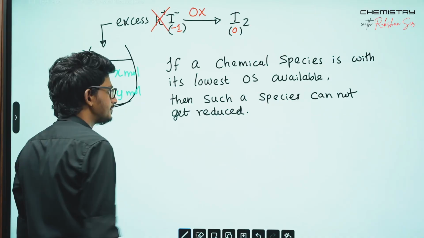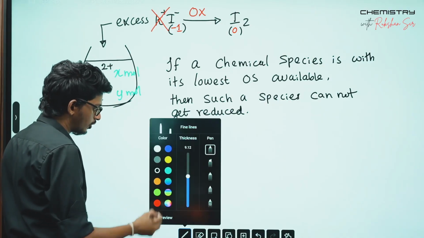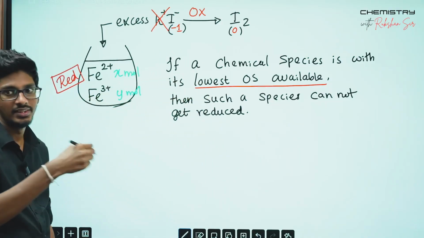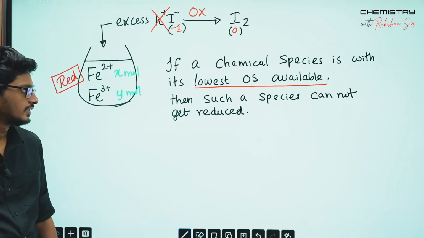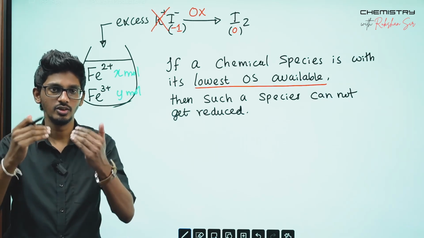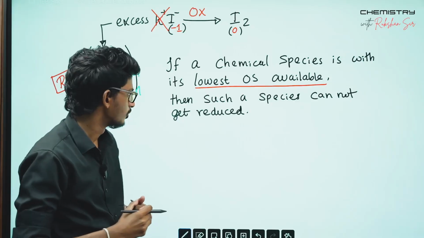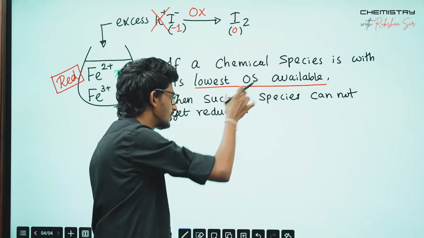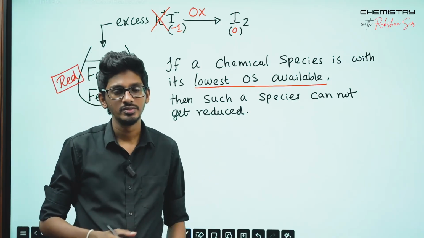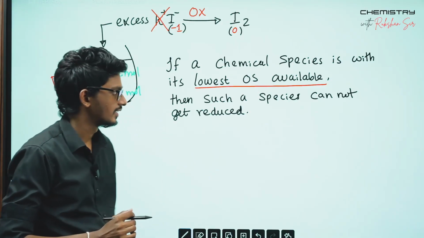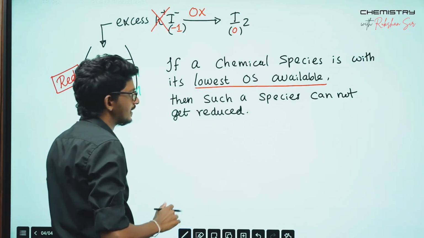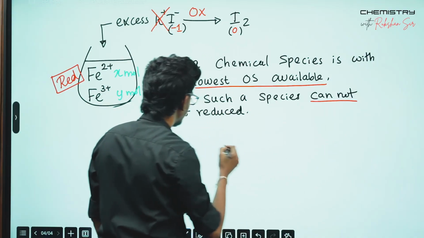Right? If you are with your lowest oxidation state available, there is no other lower oxidation state to get reduced to. Reduction means you are trying to decrease your oxidation state. So if you are with the lowest oxidation state available, there is no place to get reduced, no? So such a species can't get reduced.